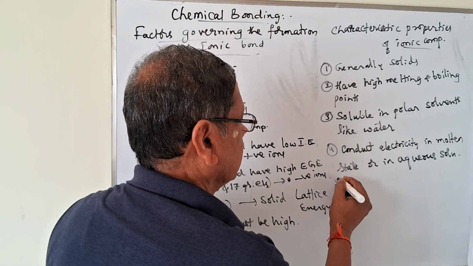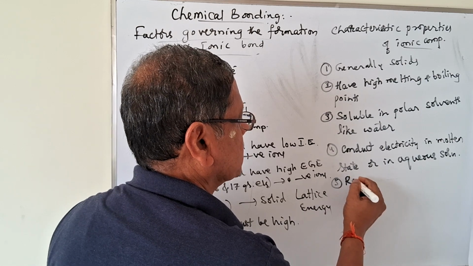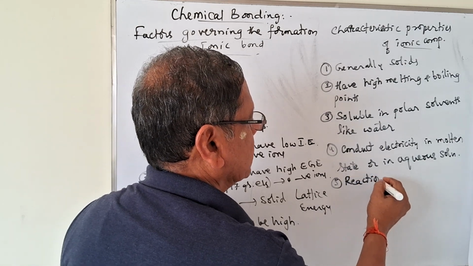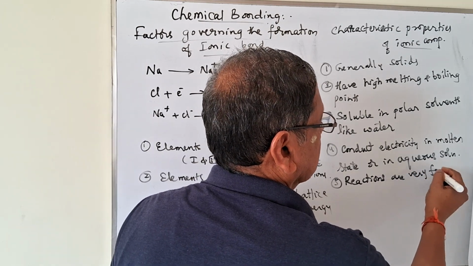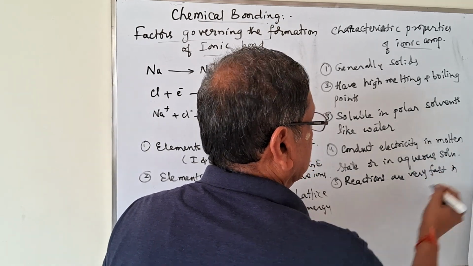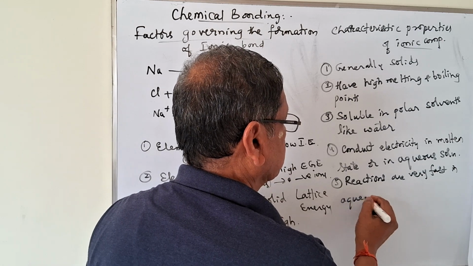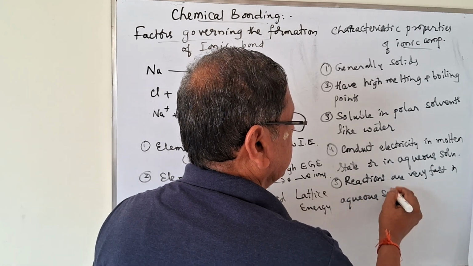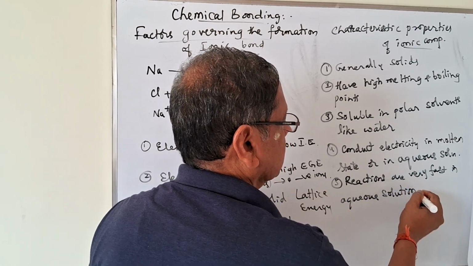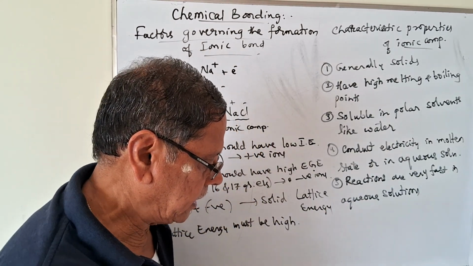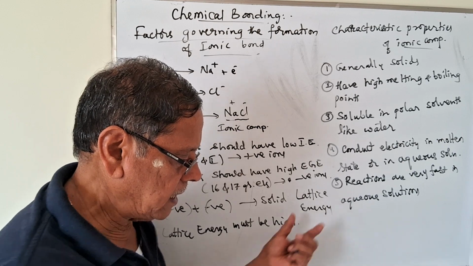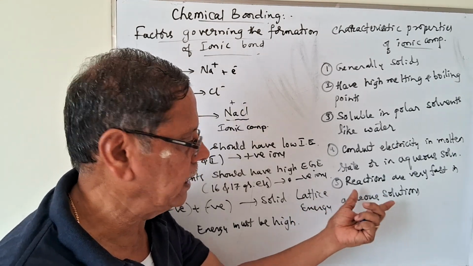The next one is that reactions are very fast, usually in aqueous solutions. Because of the presence of the ions in the aqueous solutions, they are highly reactive in nature. So this reaction is said to be instantaneous.